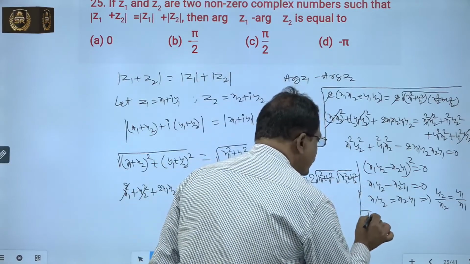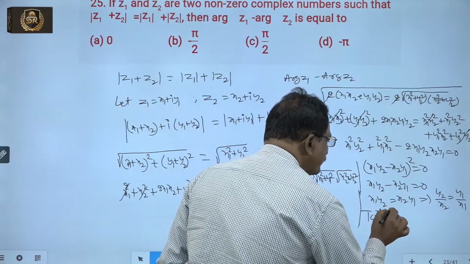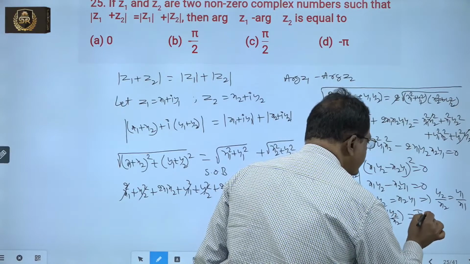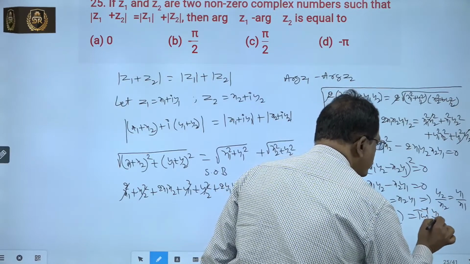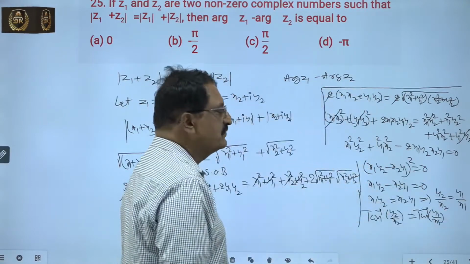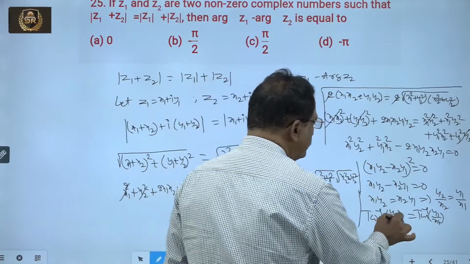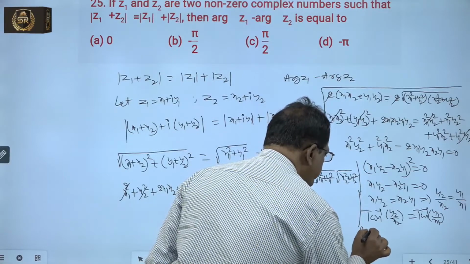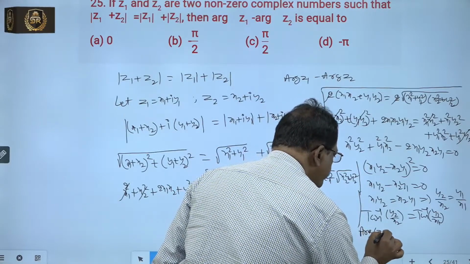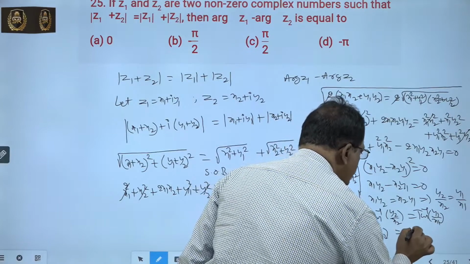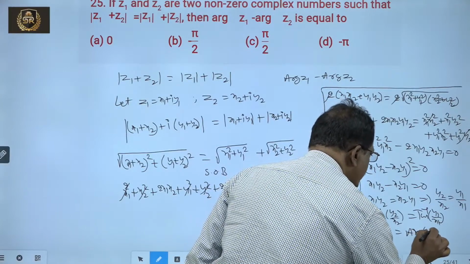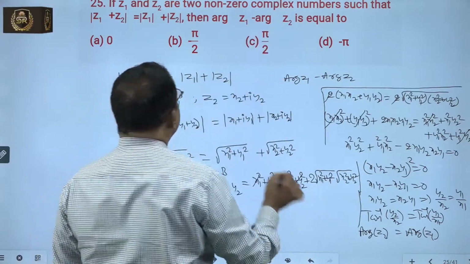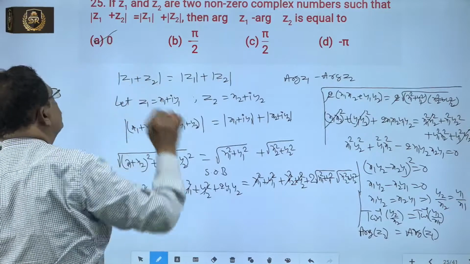Now taking tan inverse on both sides, tan inverse of y2 by x2 equals tan inverse of y1 by x1. But tan inverse of y2 by x2 is nothing but argument of z2, which equals argument of z1. Now argument of z1 minus argument of z2 equals 0. So the first option is correct.